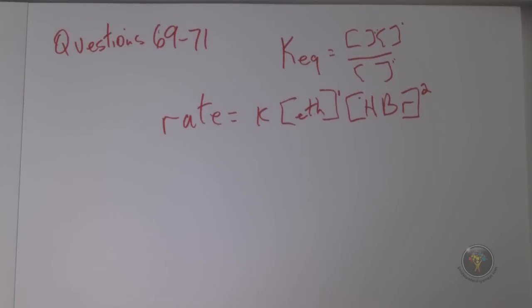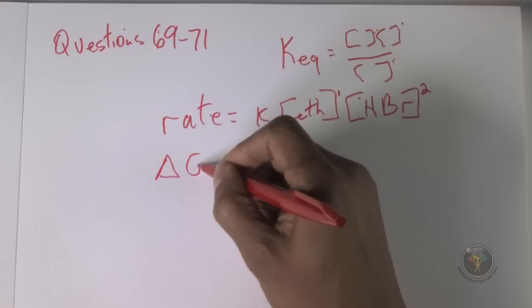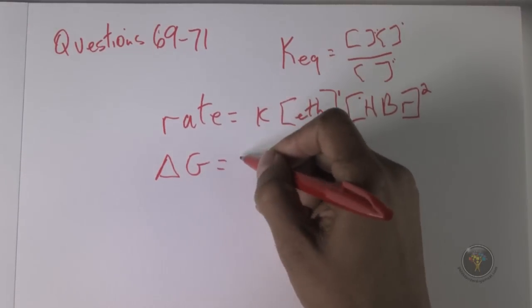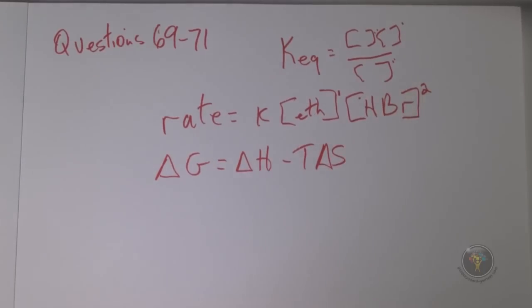71. Which one of the following is a correct statement about the reaction forming bromoethane? Okay, so first of all, we know that the central equation is delta G equals delta H minus T delta S. And we see the values that they give us.